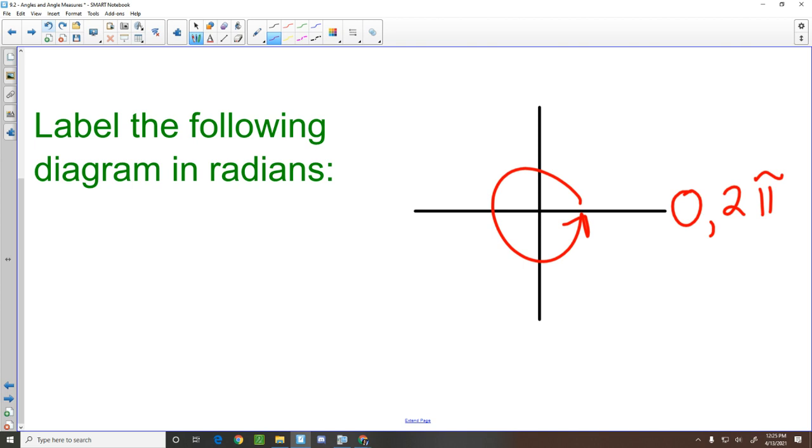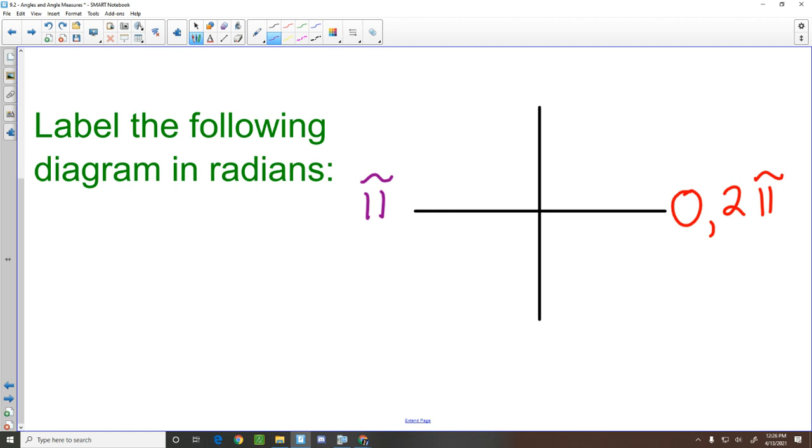So we would say that on the negative x-axis, or over to the left, this measurement right here, where we would have 180 degrees, is equivalent to just pi radians. It's half of 360, or half of 2 pi. So on the far left, that's going to be pi, because all the way around it is 2 pi. So every half of a rotation around that coordinate plane is another pi.